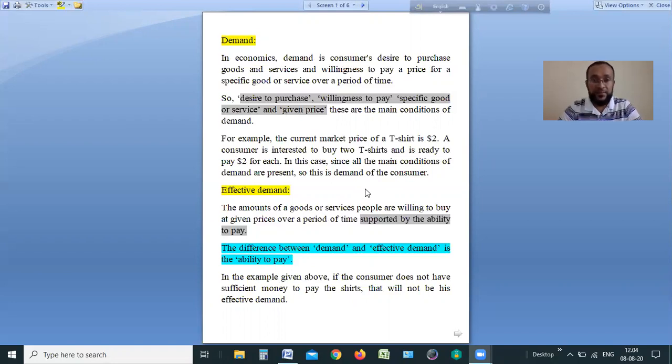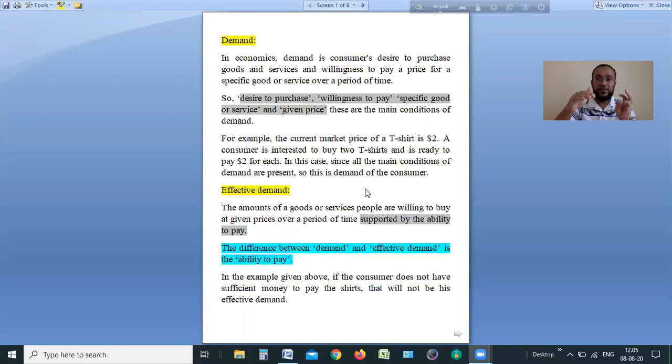Now what is effective demand? Effective demand is the amount of goods and services people are willing to buy at a given price over a period of time, supported by ability to pay. So here, being supported by ability to pay is the additional condition for effective demand. So in this explanation, there are 4 main conditions for demand: desire to purchase, willingness to pay, specific good or service, and given price.